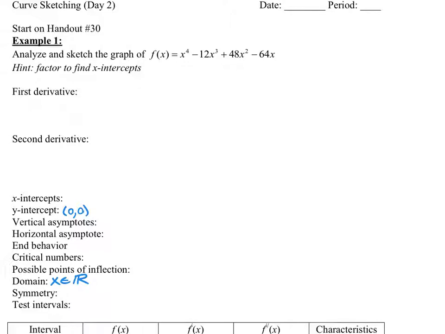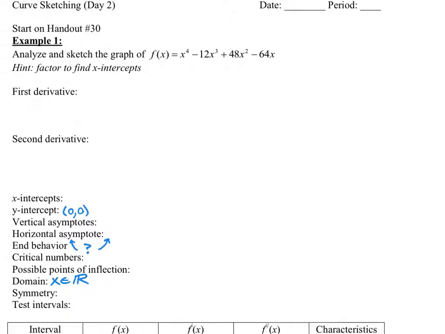What's the end behavior? Is it going up on one end and down on the other, or vice versa, or are they both going up or both going down? Yeah, they're both going to go up on this one, okay? So it's going to go like this on the left and this on the right. I don't know what's going to happen in the middle, but I know what's going to happen on the ends.